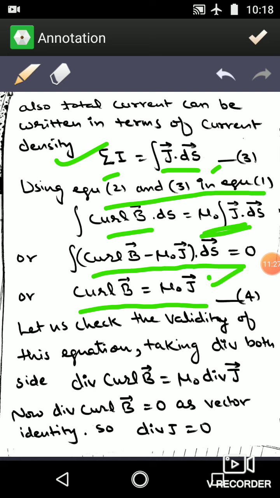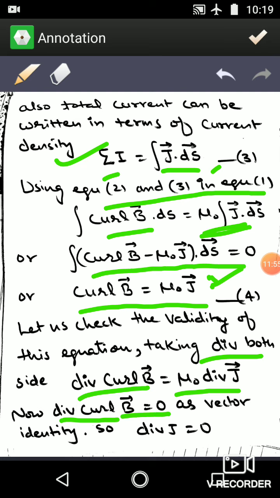Let us check the validity of this equation. To check the validity of this equation, we are taking divergence of this equation on both sides. What we have, divergence of curl B is equivalent to mu naught divergence of J. We know that divergence of curl of any vector quantity is always 0.